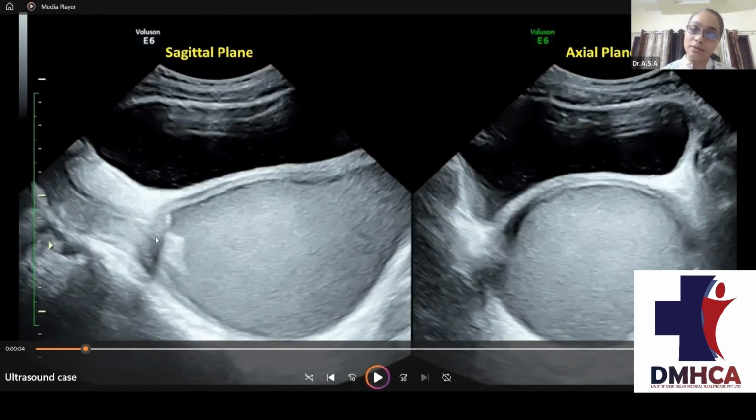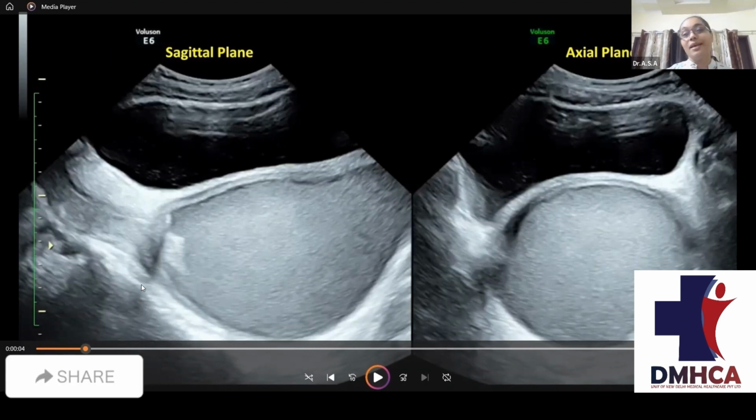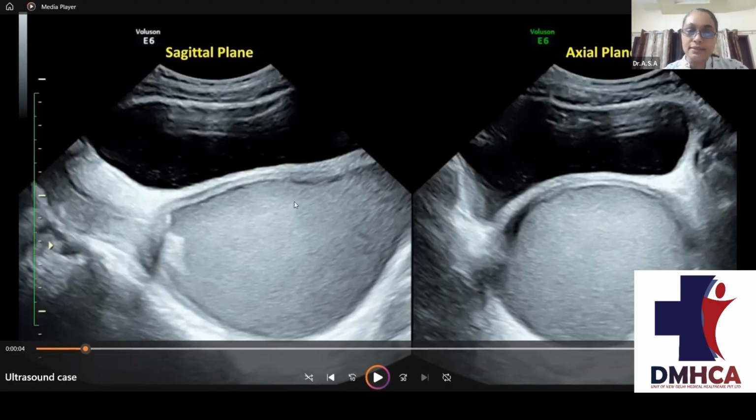Then you move upwards towards the cervix and then to the uterus. When a young girl comes to you complaining of pain in the pelvic area, unmarried, be careful, because in villages the Aadhaar card information is often not correct.